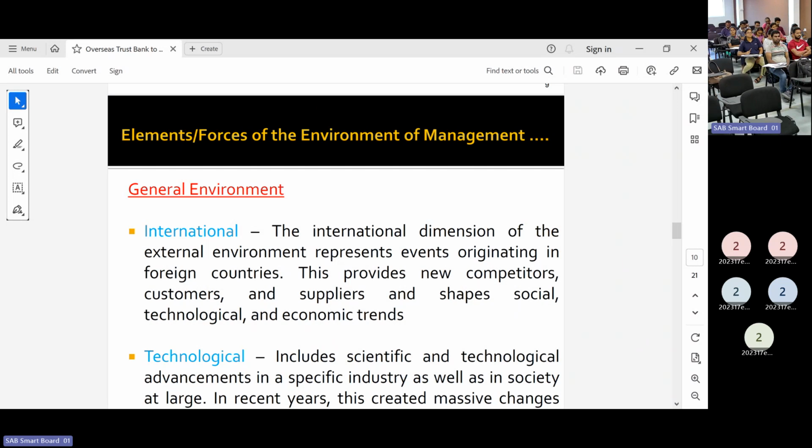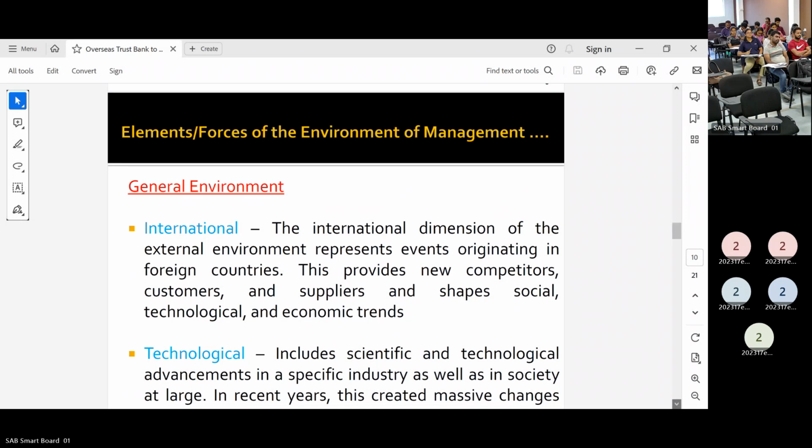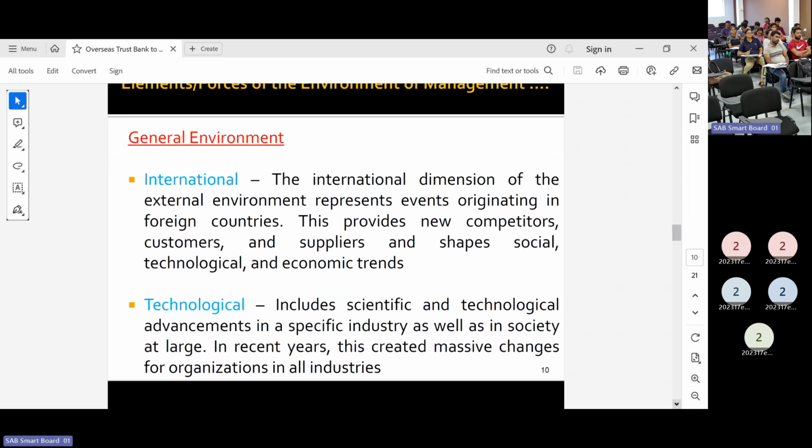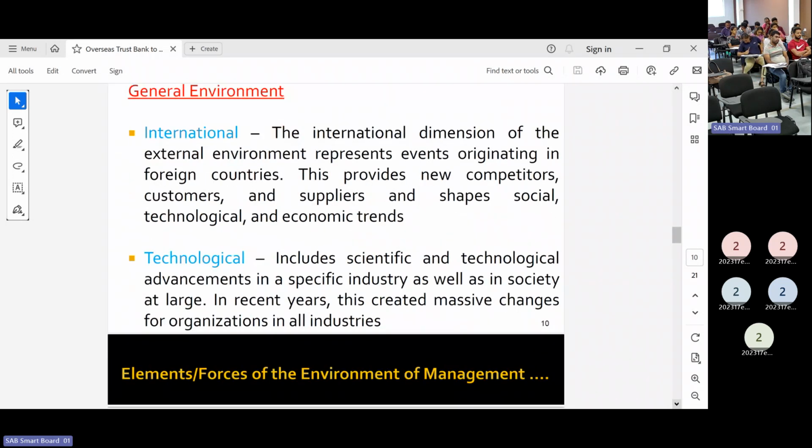Right. Technology includes scientific and technological advancements in a specific industry as well as in society at large. In recent decades, this has changed very massively, no? Right. Now we are in an era where 4G applications have come to the forefront. 4G or 5G?